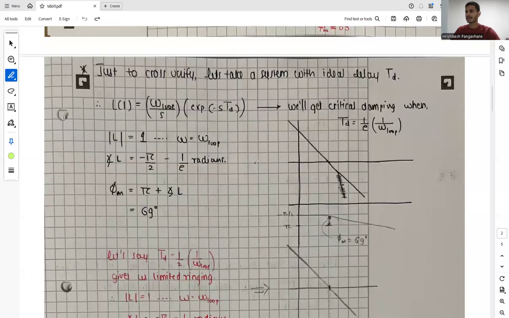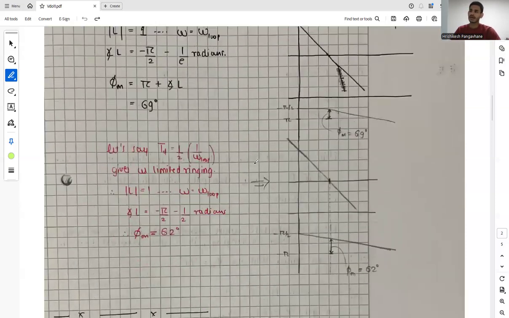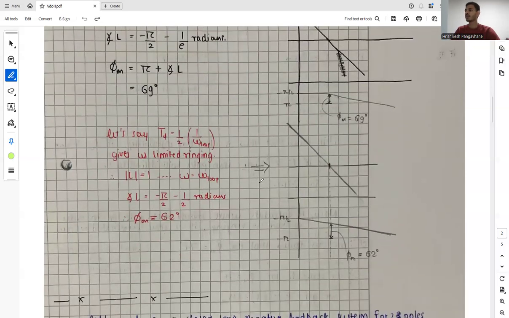So we are doing this analysis just for the sake of cross verifying with our standard time delay and the time delay introduced by a pole.